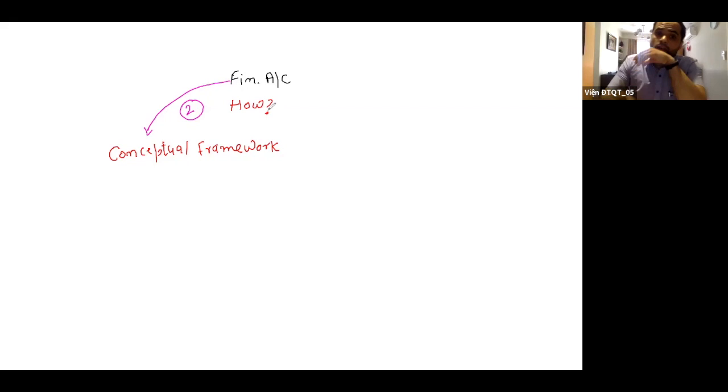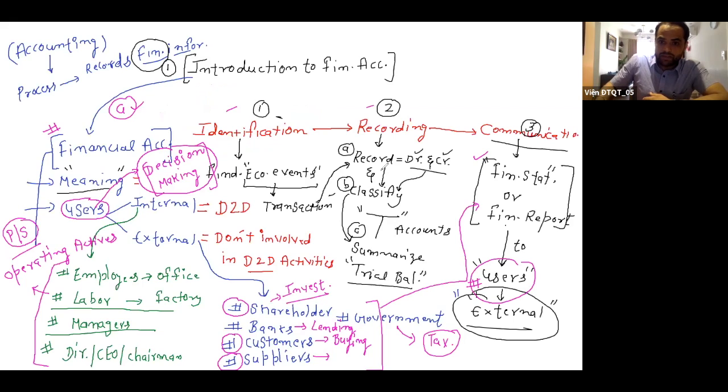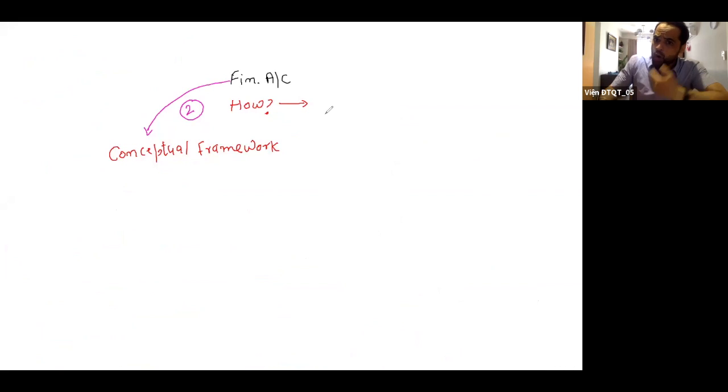In order to prepare financial statement, we need some kinds of operating guidelines. All right, I repeat, in order to prepare financial statement, I move back here, come back to the previous slides. Financial accounting help us to prepare financial statement, right? But question is how we prepare it, how financial accountant or how accountant prepare financial statement.